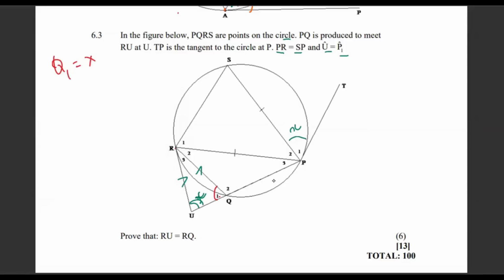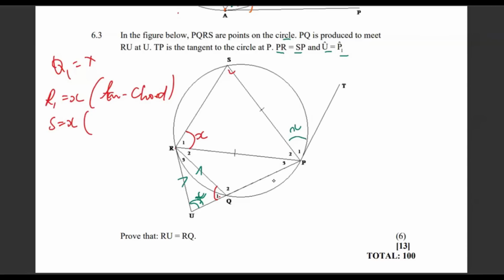Okay, so what we can see is that there's a tangent, right? And from this tangent, we can say that R1 is going to be X. Okay, R1 is going to be X. Reason, that's going to be the tan chord. Then S is also going to be X, because we know this side is equal to that side.